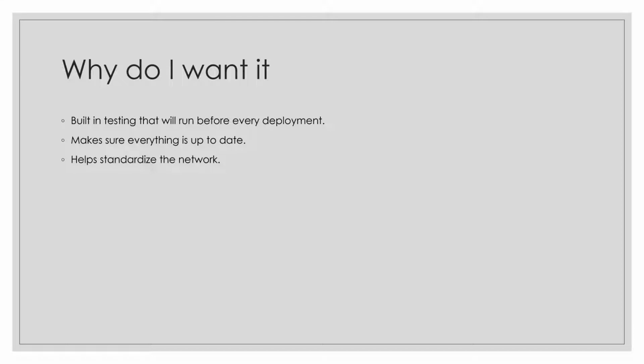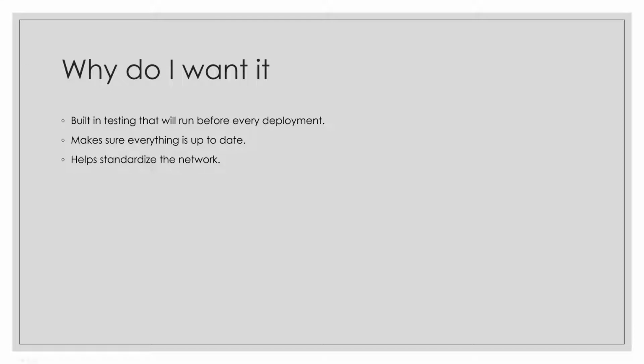But doing it through an automated pipeline will make sure that everything is up to date, all the routers are hit. It also helps standardize the network if the configs are automatically generated.